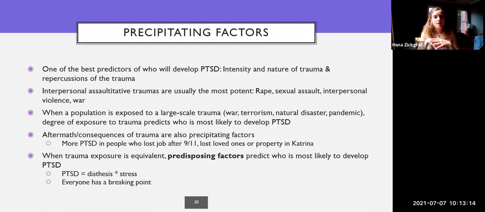However, if you could equalize trauma exposure, control for how intensely someone experienced the index trauma and how much it affected their life afterwards, when trauma exposure is equivalent, someone's predisposing factors to developing PTSD, so prior trauma exposure, lack of social support, rigid worldviews, and tendency towards anxiety and depression, do predict who's most likely to develop PTSD. So PTSD is a really clear example of a diathesis stress relationship.